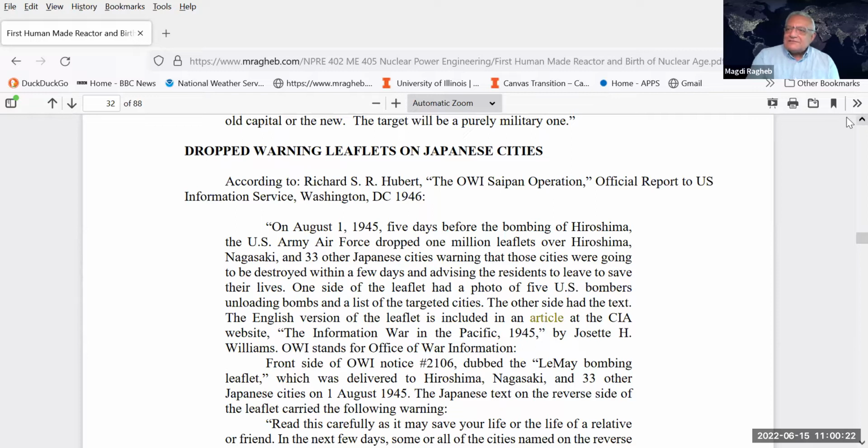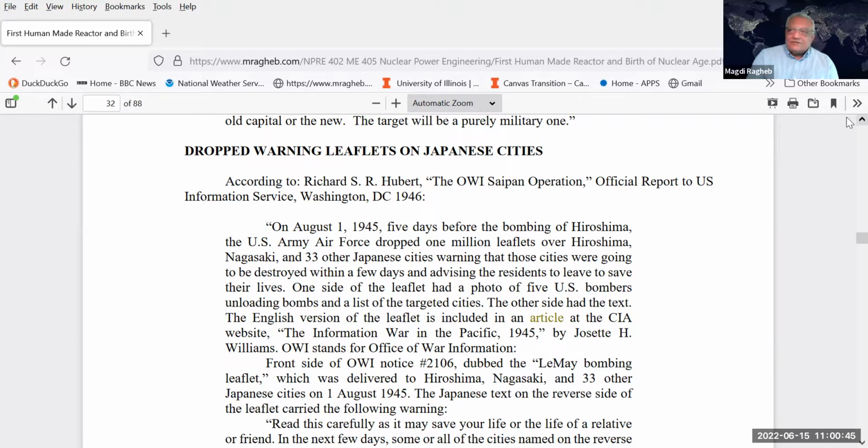Why the Japanese? Because the Manhattan Project was started by a fear that Germany would be developing a nuclear weapon. However, the war in Europe ended with the surrender of Germany, so there was no point in using it on Germany, as Germany had already surrendered.